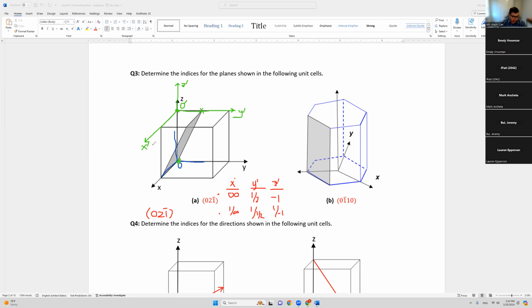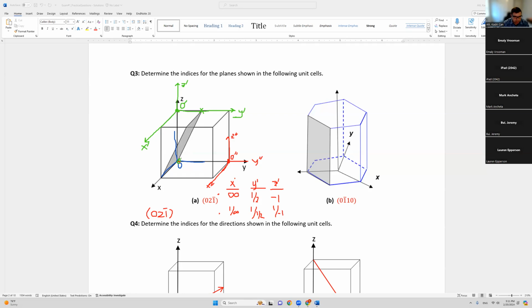So you can, let me see. You can take this as another origin, right? O double prime. And this is X double prime, and this is Y double prime. And in this way, you can see that the plane cuts the Y double prime axis at -1, right?